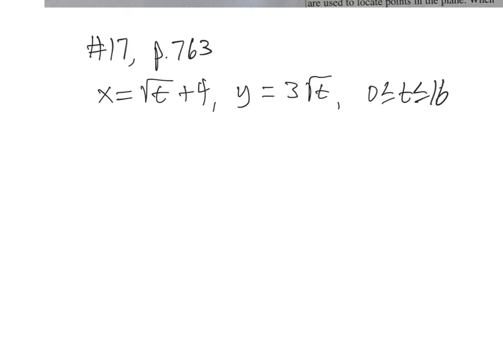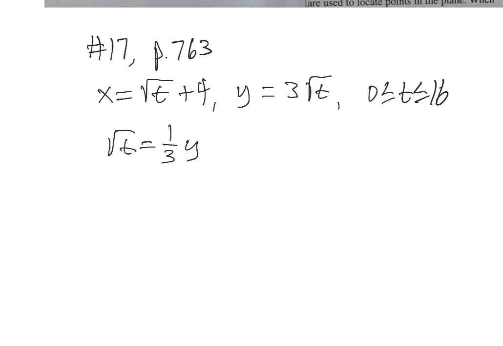It says part A, eliminate the parameter to obtain an equation in x and y, and then describe the curve. Hopefully, we eliminate the parameter, we recognize the curve. There's lots of ways we can do it. I think for this one, let's just take the y equation and solve it for t. So the square root of t is 1/3 y.